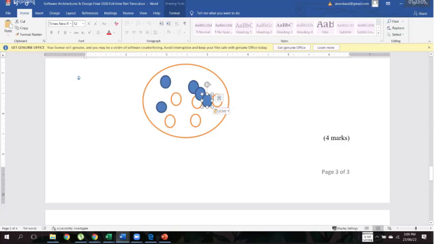These blue circles represent stable modules. The white circles represent unstable modules that change frequently.